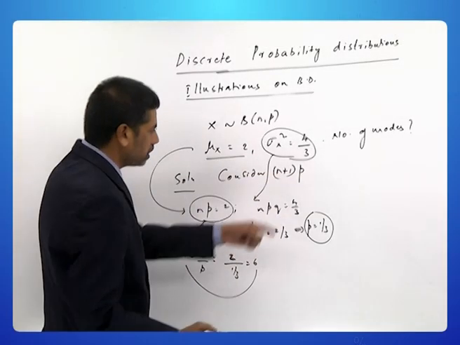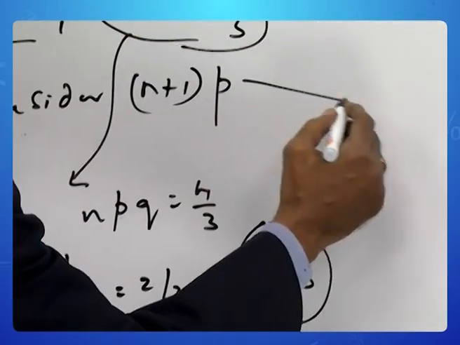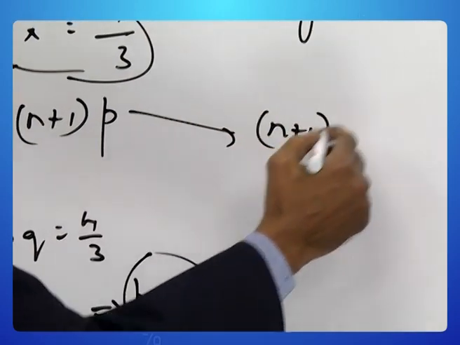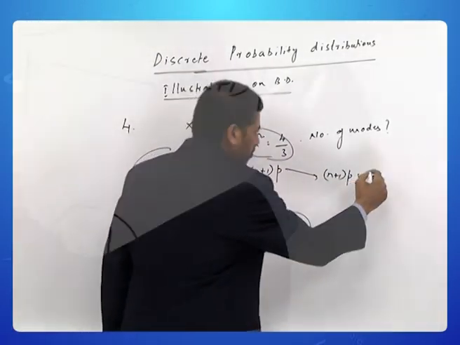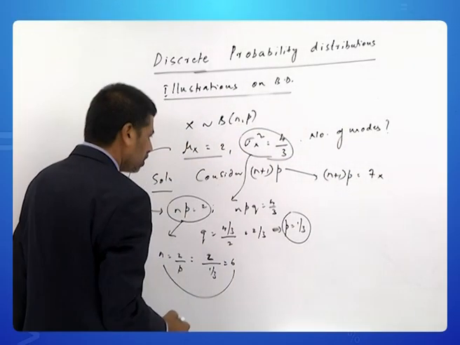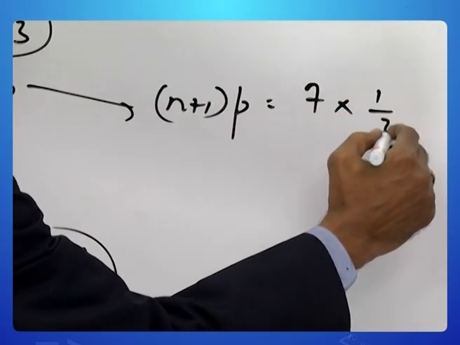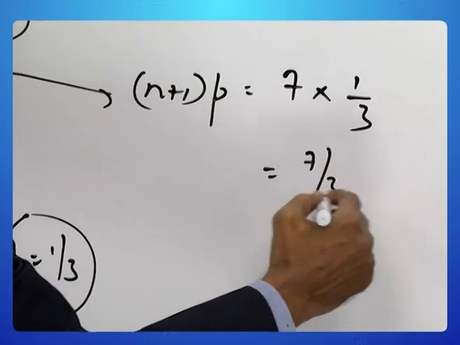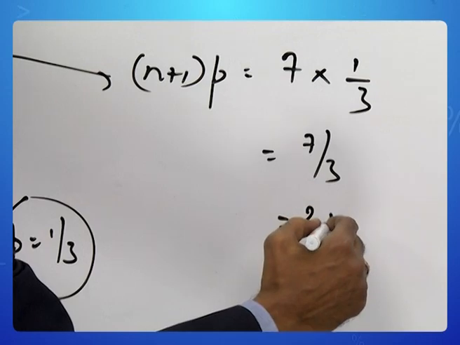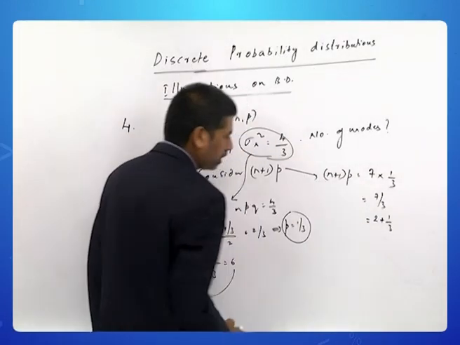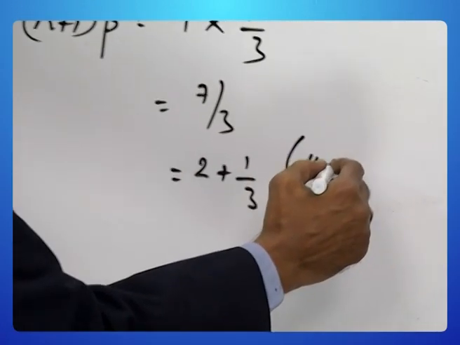So let us calculate (n plus 1) into p. (n plus 1) into p is 6 plus 1, 7, into p is 1 by 3. 7 by 3, which is 2 plus 1 by 3, and it's not an integer.